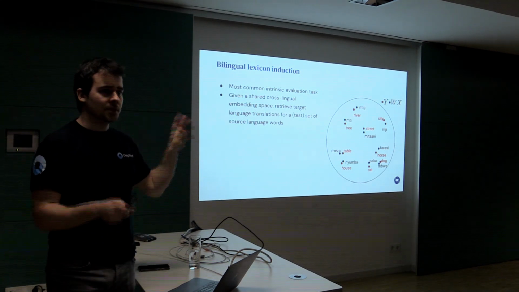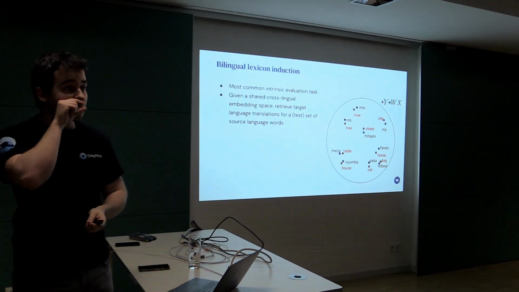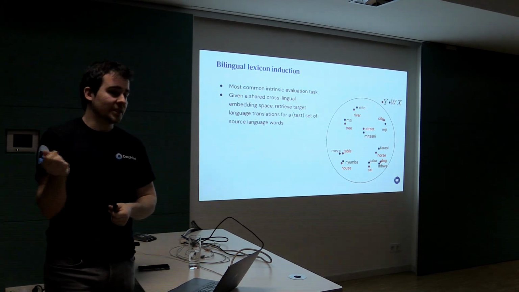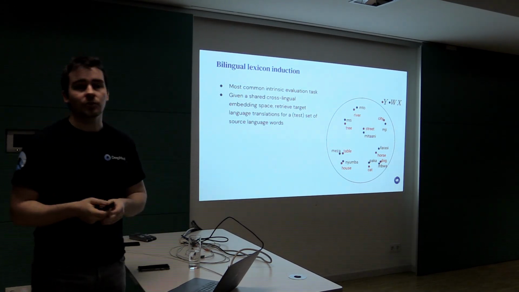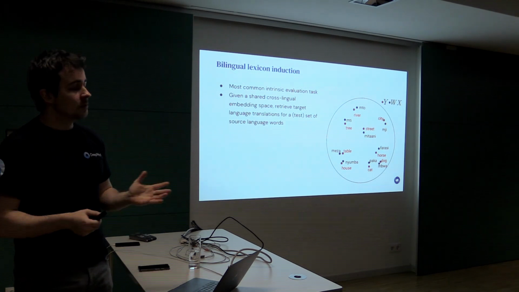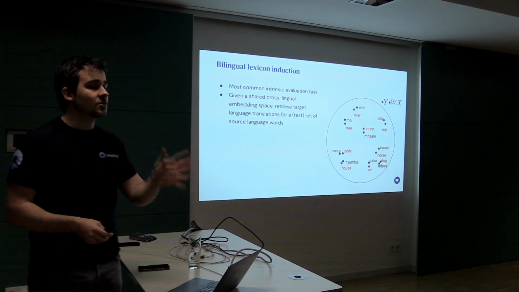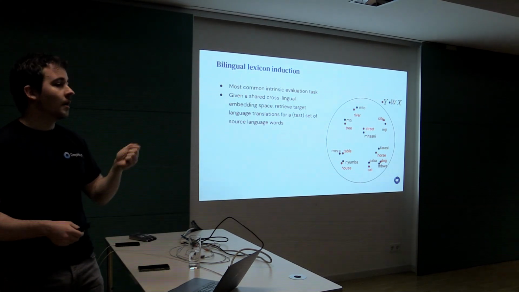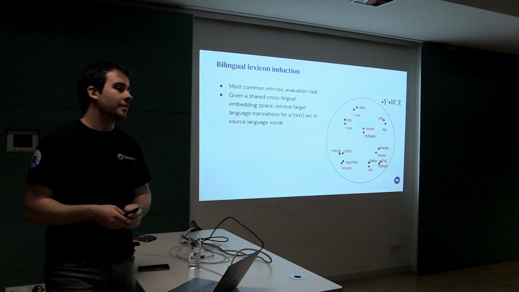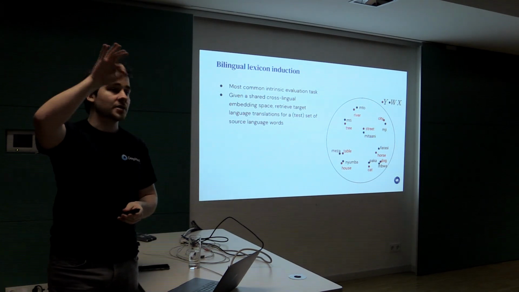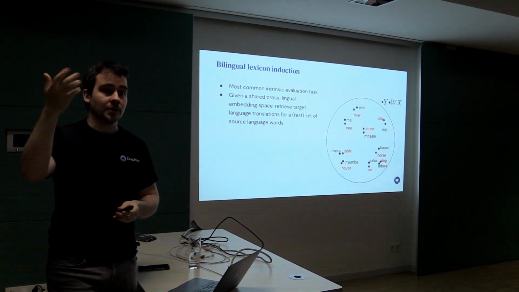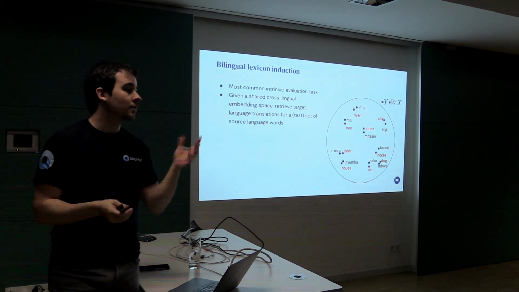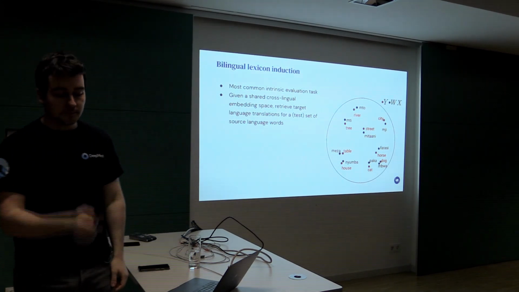The task is called bilingual lexicon induction, and it's about finding word translations using your cross-lingual word embedding space. Given a gold standard list of words and their translations, you take the original source word, look it up in the embedding space, and then check if its closest nearest neighbor is the corresponding translation. People typically evaluate that on accuracy, so whether it gets the correct translation right or wrong.